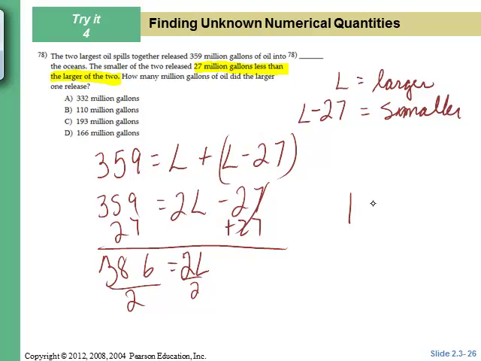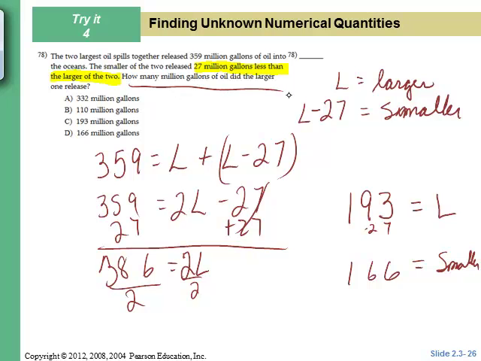You get 193 million gallons is the larger. The smaller one will be 27 less than that, 166 million gallons. The larger one released 193. They only asked for how much the larger one is, and so that will be our answer. Next one.